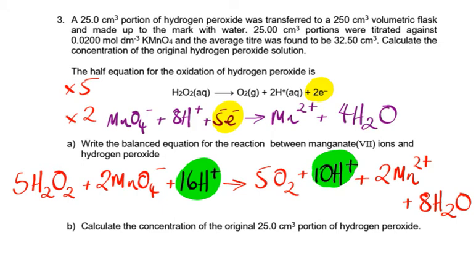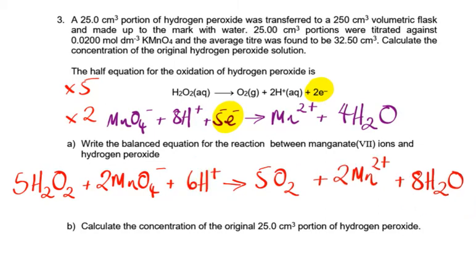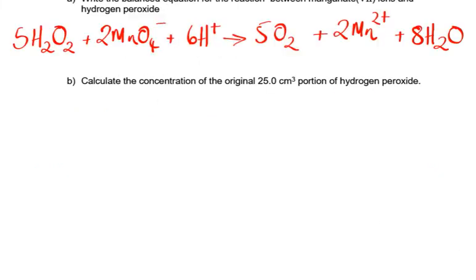So let's lose the hydrogen ions on the right hand side, and we'll lose those 10 hydrogen ions from the left hand side as well, which just leaves us 6 hydrogen ions on the left hand side now, and that's us done for the balanced equation. The upshot being that the peroxide and the manganate are reacting in a 2 to 5 ratio.